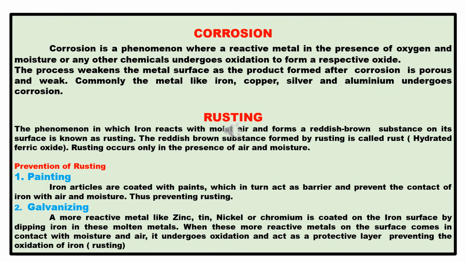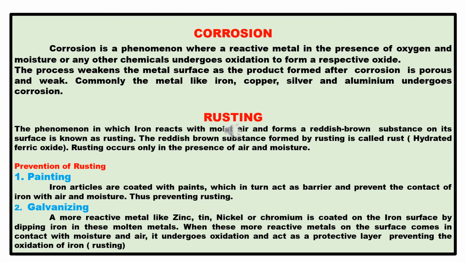No? So the rust is also formed like that. Then how can we prevent rusting? Rusting is not good for us, or corrosion is not good for us. It's a disadvantage of metal. So there are methods to prevent this rusting.